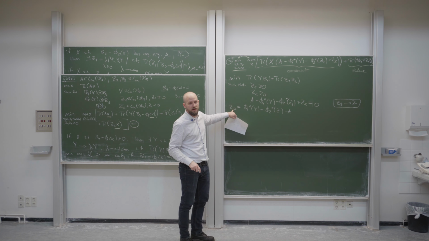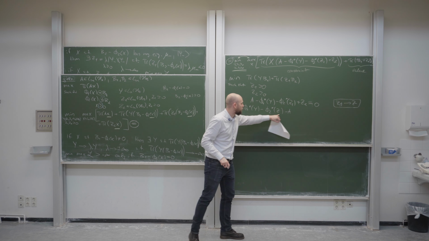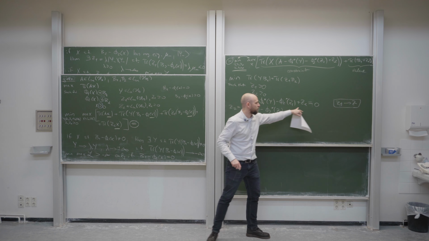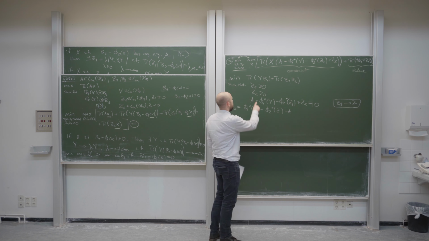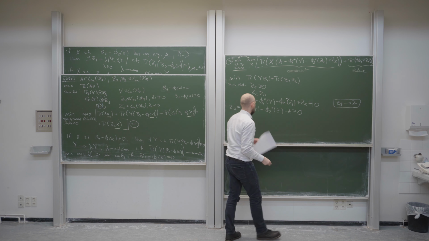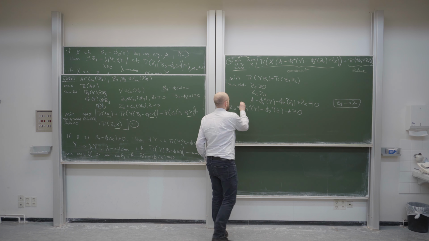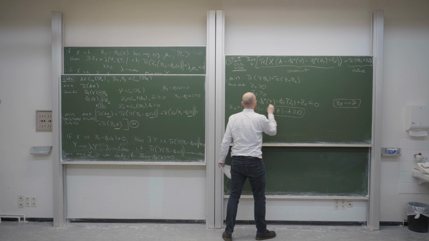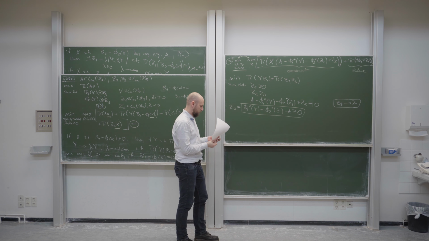Okay, so this is now z2. We know it always has to be equal to this, just to satisfy this constraint. And we know that z2 has to be positive semidefinite according to this constraint, so we can just go here. And this becomes our constraint that has now eliminated z2.